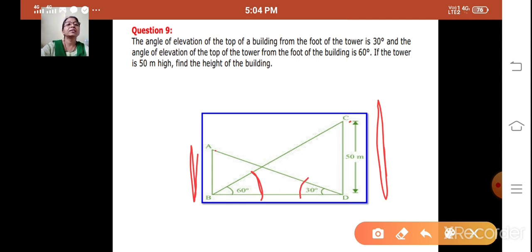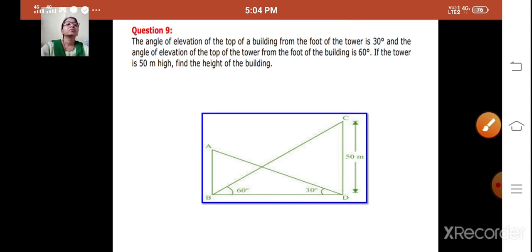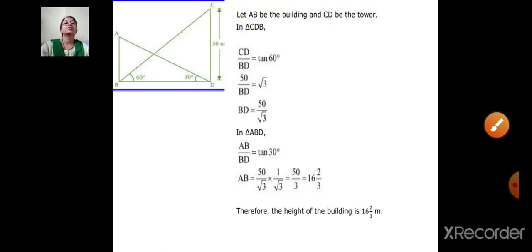So again, very simple. BD is the common side between the triangles. Building and tower both are perpendicular to the ground. So let AB be the building and CD be the tower.